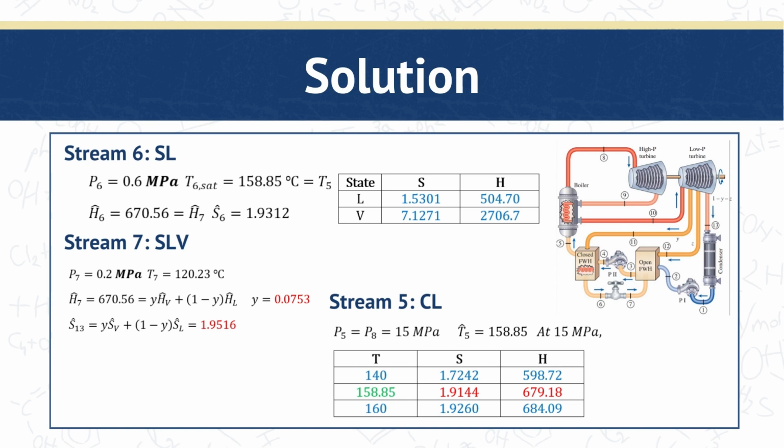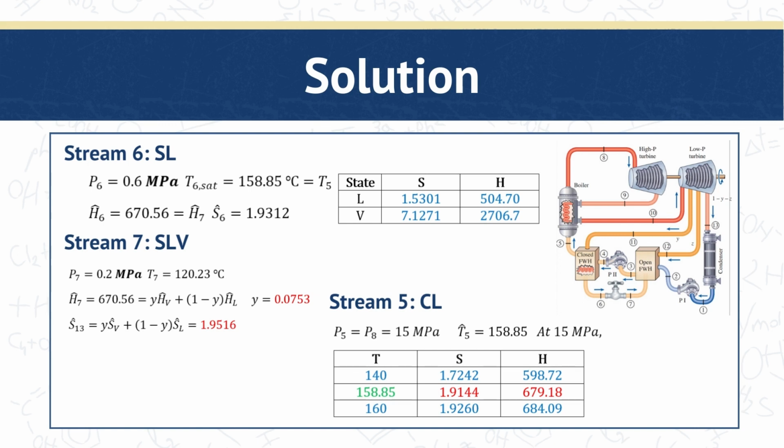Lastly, we can get the properties of stream 5 using the properties that we have obtained so far. P5 is again equal to P8, which is the boiler operating pressure, which is 15 megapascals. And the temperature for stream 5 is equal to 158, which is equal to the condensation of stream 6.